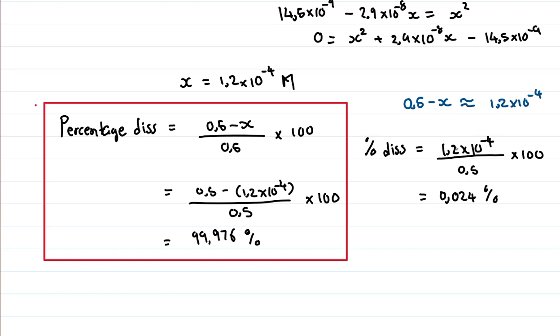Now this one makes a lot of sense. The other one did not really make a lot of sense because we are dealing with a weak acid. And remember that weak acids dissociate partially. And that will be your final answer.